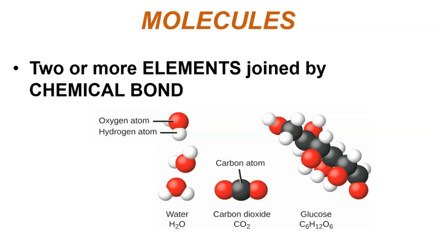We also have molecules like carbon dioxide, which is a gas that is produced as a waste product when glucose is broken down and metabolized to make energy. Carbon dioxide is composed of carbon and oxygen. And we have other molecules like glucose, an important carbohydrate that the body uses as fuel. Glucose is composed of carbon, hydrogen, and oxygen.